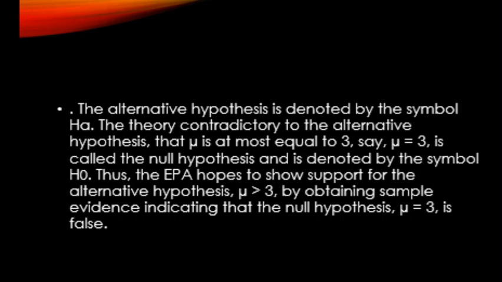So the EPA is trying to prove the alternative hypothesis, mu greater than 3, by obtaining samples from the population. And if it doesn't have proof, then the null hypothesis will be true. That means mu is equal to 3. So for conducting a hypothesis test, the first step is to state the null and alternative hypotheses.